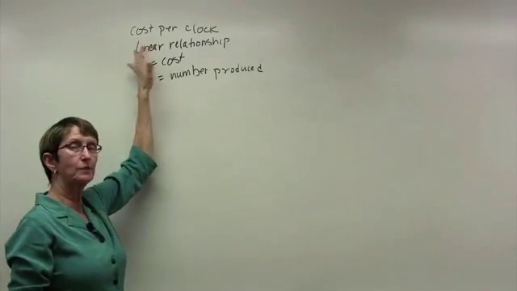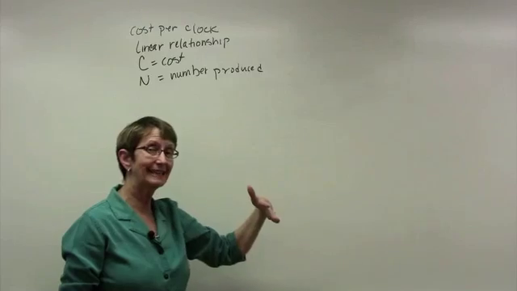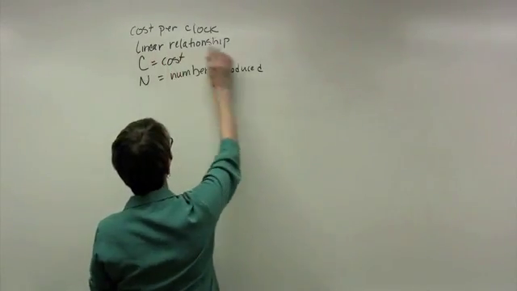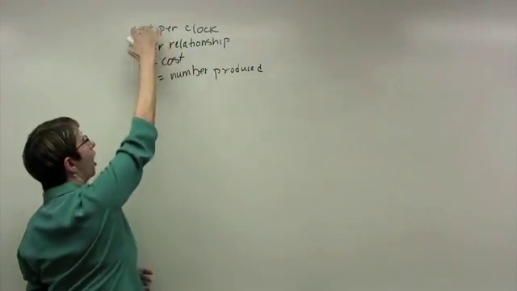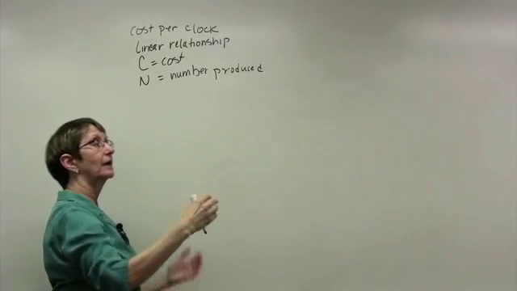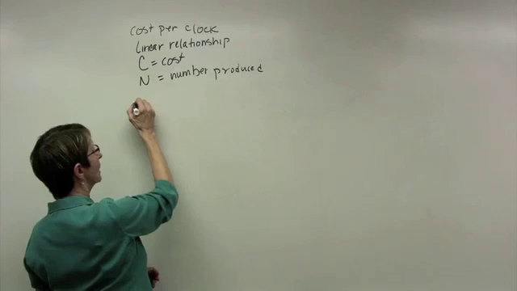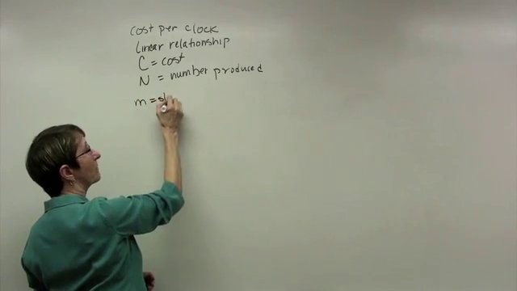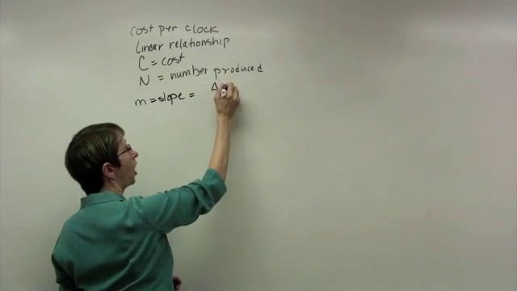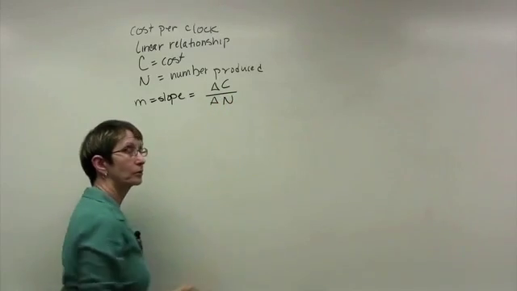If I want the cost per clock, and I think about it as a linear relationship, what I'm looking for is that the cost is on top of a fraction and the number of clocks is on the bottom. So that I want my slope M for my linear relationship to be change in cost divided by change in number of clocks.